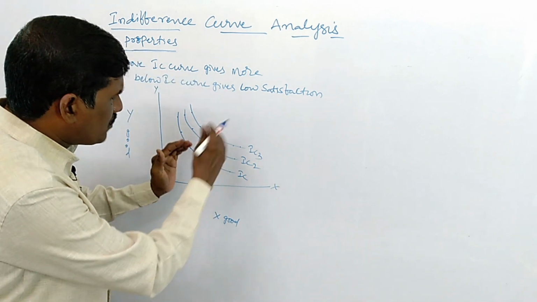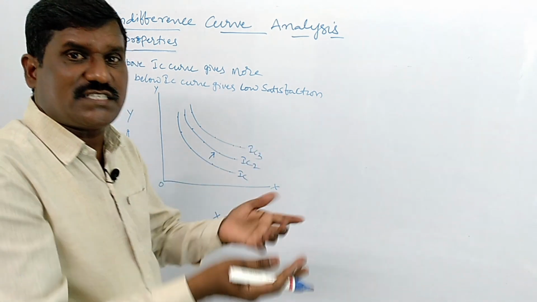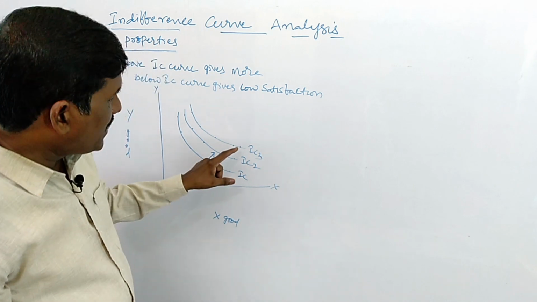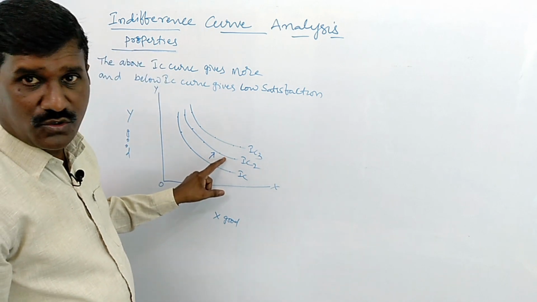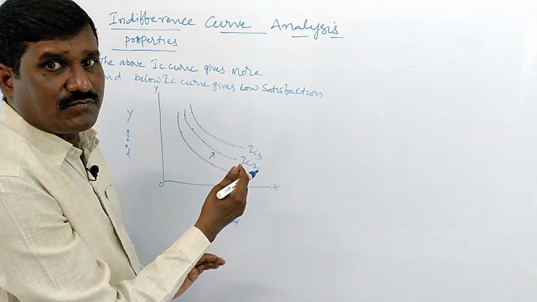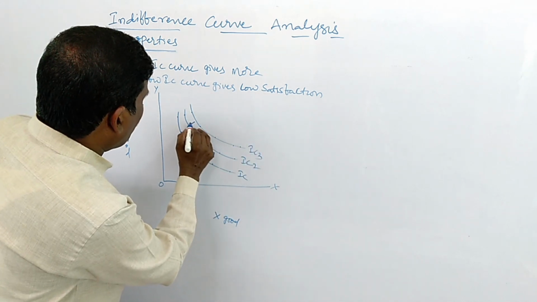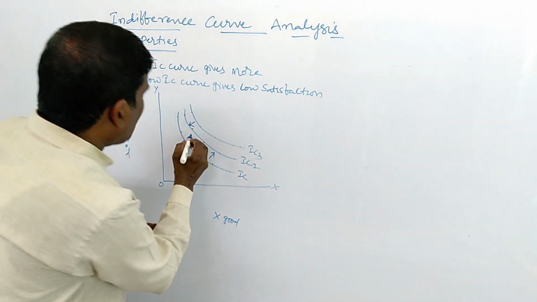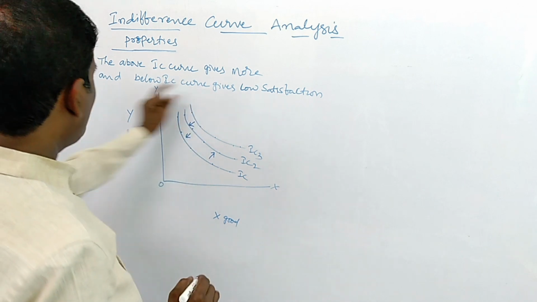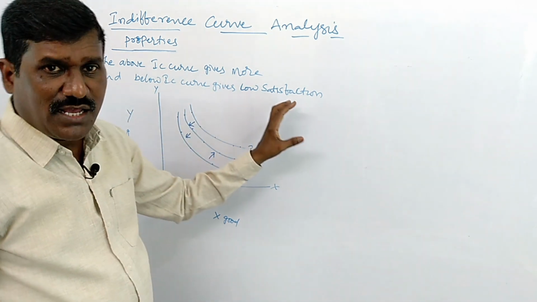As the IC curves move from left to right, the curves give us more satisfaction. IC3 gives more satisfaction than IC2. If the curves move from right to left, they give us less satisfaction. So the above IC curve gives more satisfaction and the below IC curve gives low satisfaction.